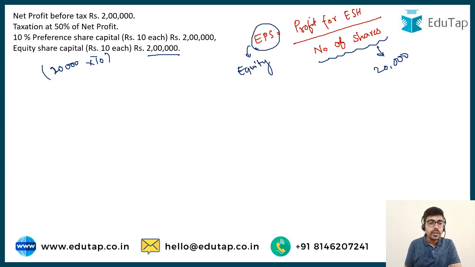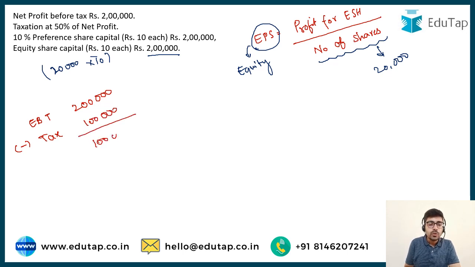In this case, we made a net profit before taxation of 2 lakh. From this, first we would deduct interest if any was there. Interest is not given here, but we are given taxation, which we have to pay to the tax authorities, 50% of the profit. So of the 2 lakh, we pay 50%, that is 1 lakh. The balance, profit after tax, is 1 lakh.